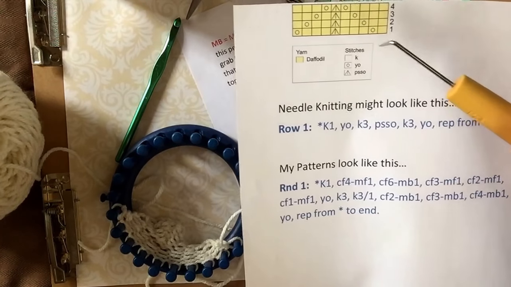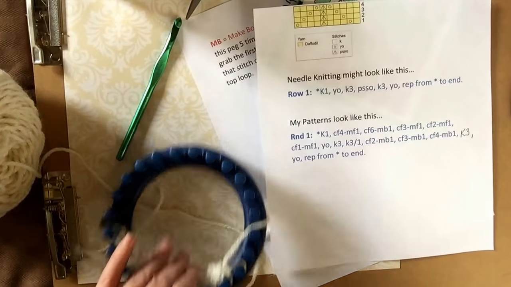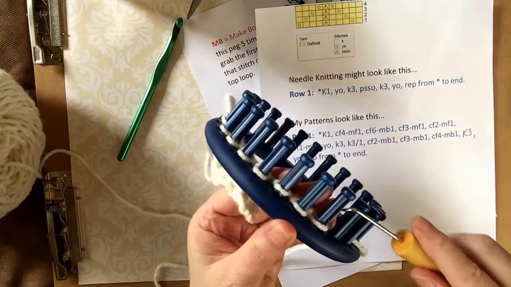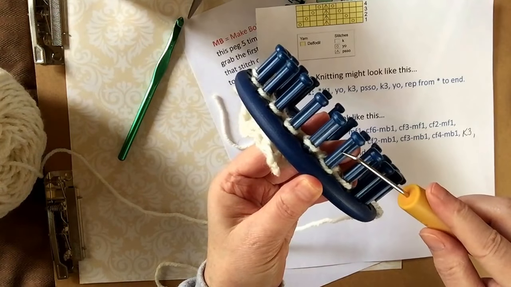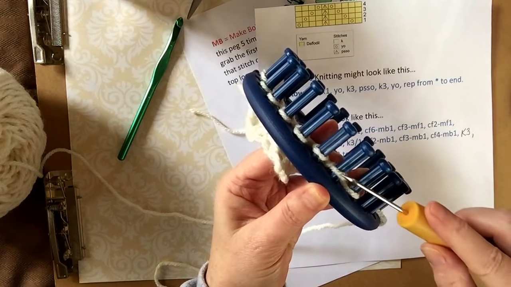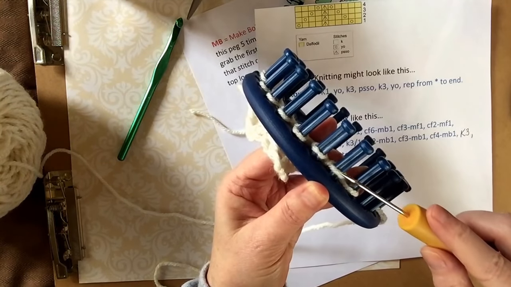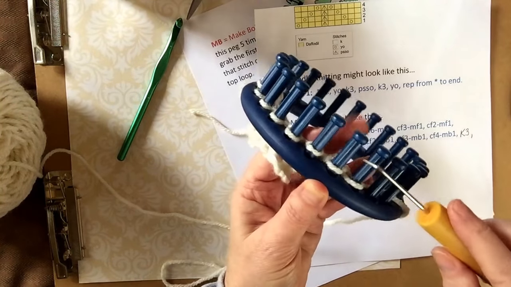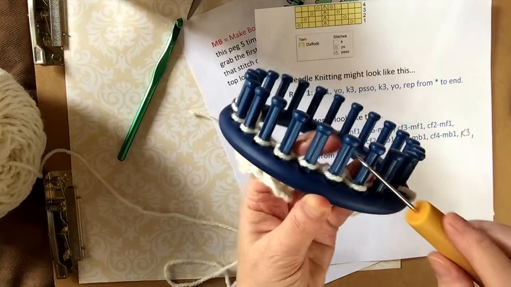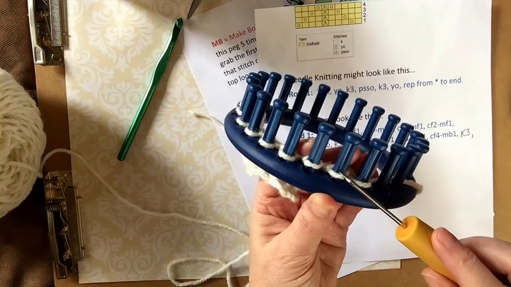Because we can't just throw in a yarn over, because we would knit this peg, our yarn over would be here. Well, we can't do the yarn over because we have a stitch there and we're fixed on our pegs. The yarn over would actually, in needle knitting, be taking place in between these two.